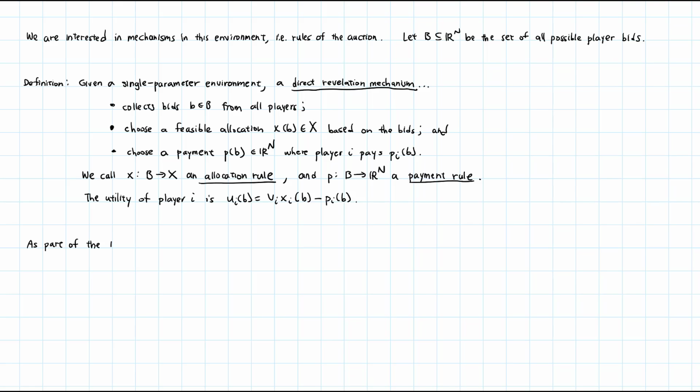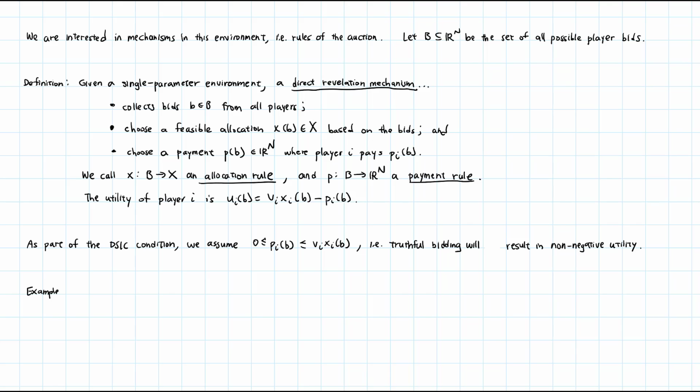As part of the DSIC condition, we will assume that 0 is less than or equal to pi of b, which is less than or equal to vi xi of b. That is, truthful bidding will result in non-negative utility.